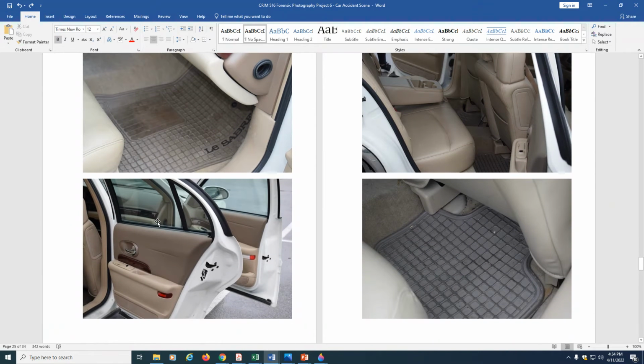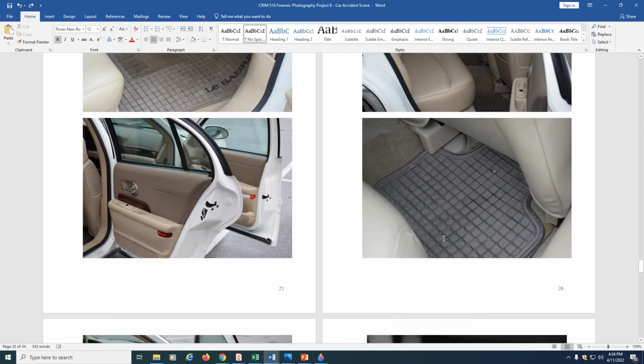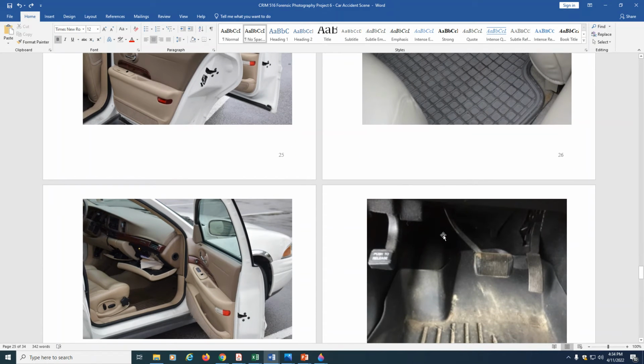Same thing goes here. Door panel, seat, floorboard. All right. And the reason why this one's different here is because now we're getting, like I said, it's continuing to work into other areas. It all depends on what areas you have access to, depending on what the situation is that you're responding to.